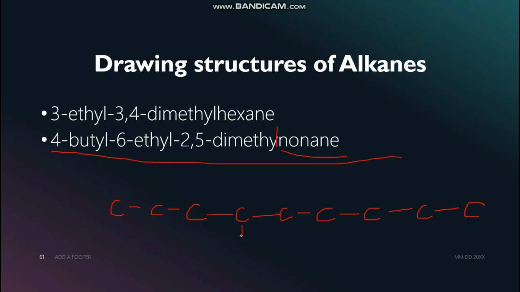So, on the fourth carbon, a butyl branches out. So, our butyl has 4 carbons. Okay? CH2, CH2, CH2, and CH3. Okay? 1, 2, 3, 4. Butyl. On the sixth carbon, we have an ethyl. 1, 2, 3, 4, 5, 6. So, ethyl, we have CH2 and then CH3.